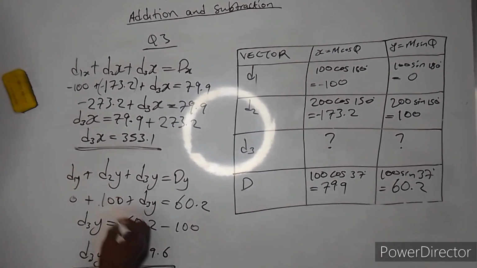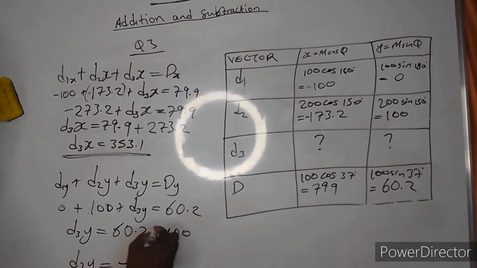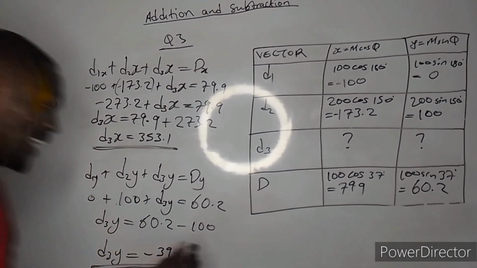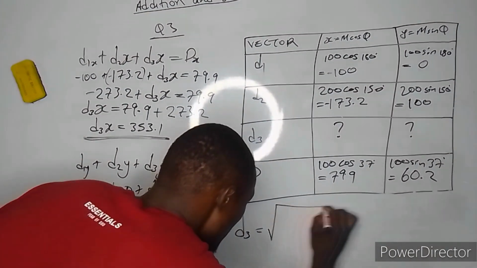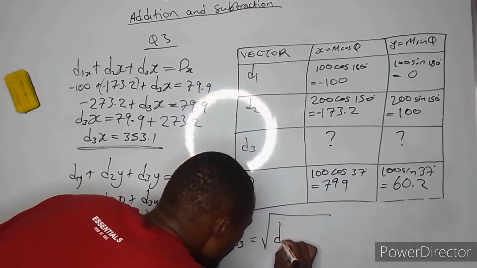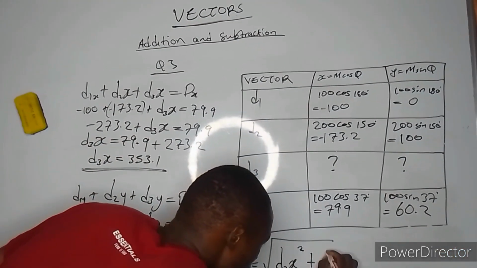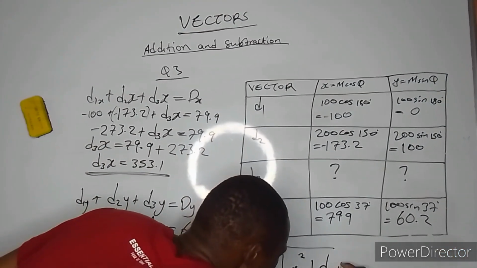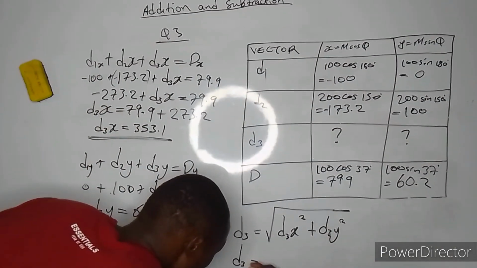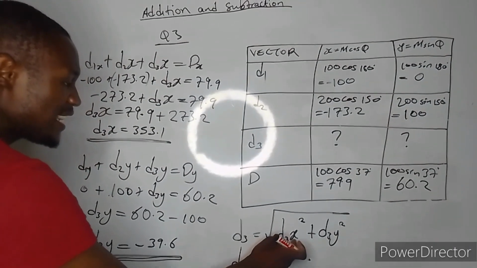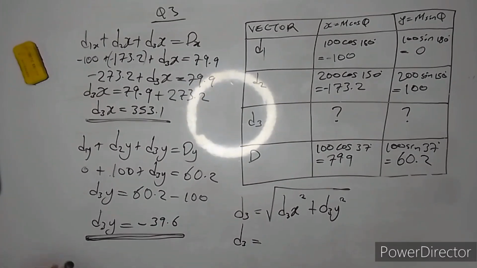To find the magnitude of D3, D3 will be equal to the square root of D3x squared plus D3y squared. What are those values? D3x is 353.1.